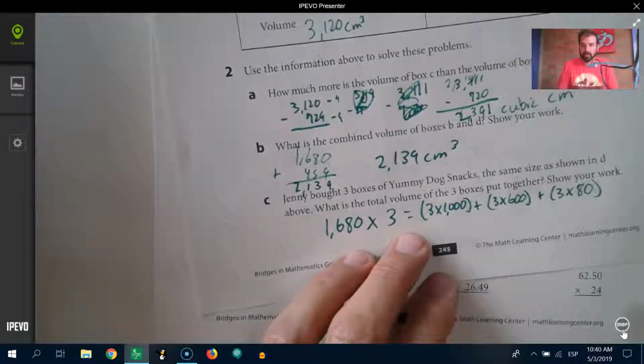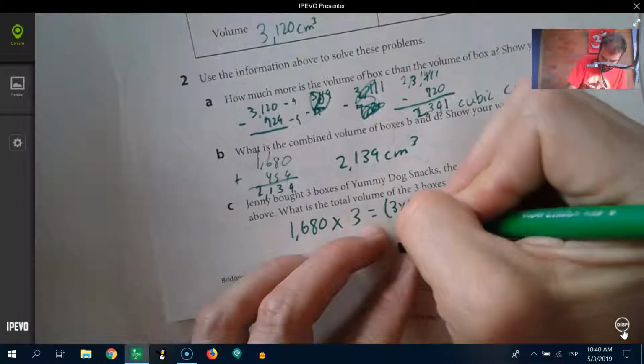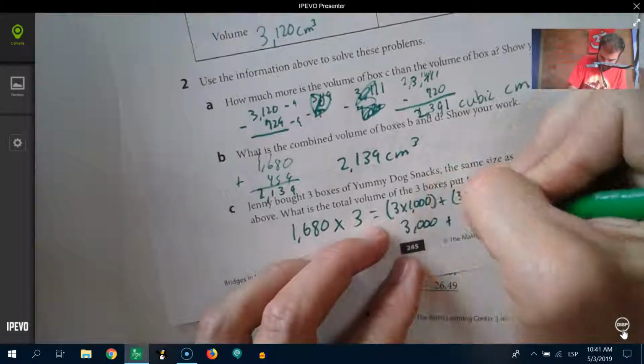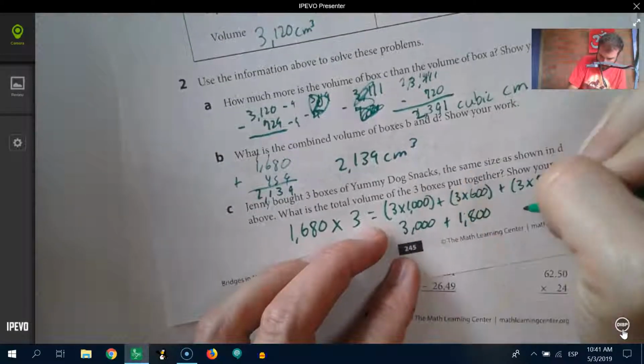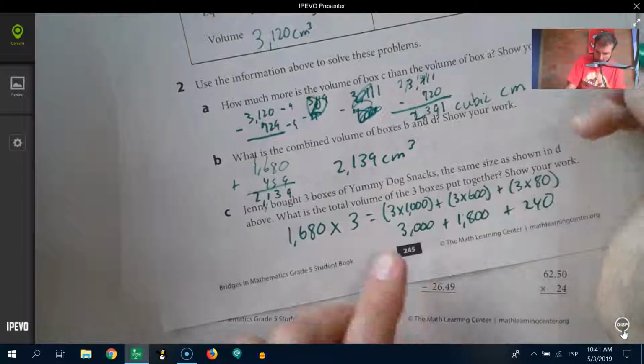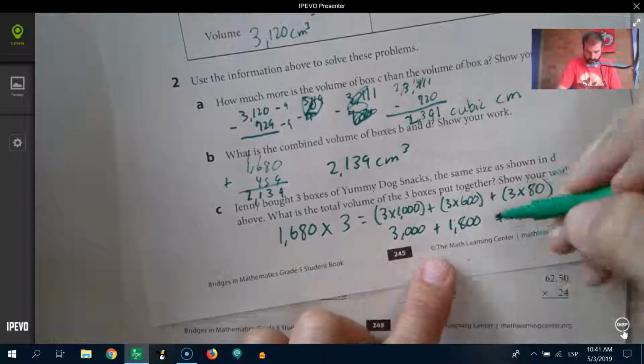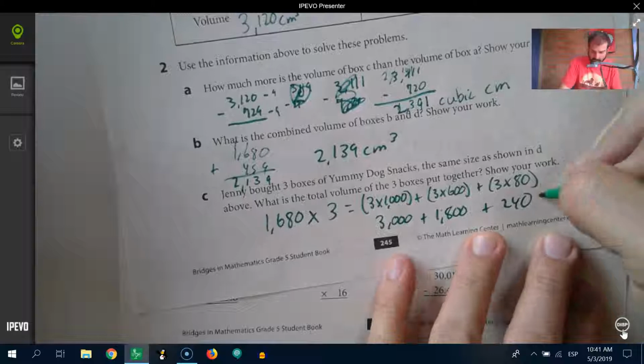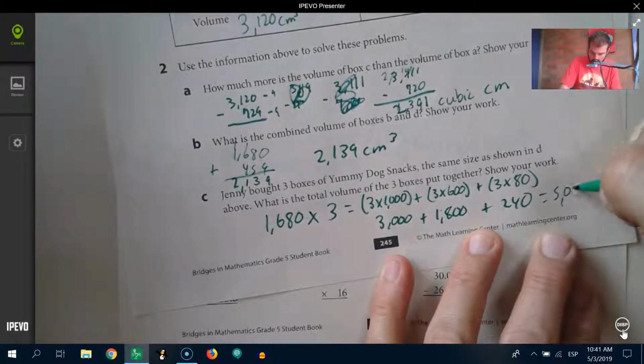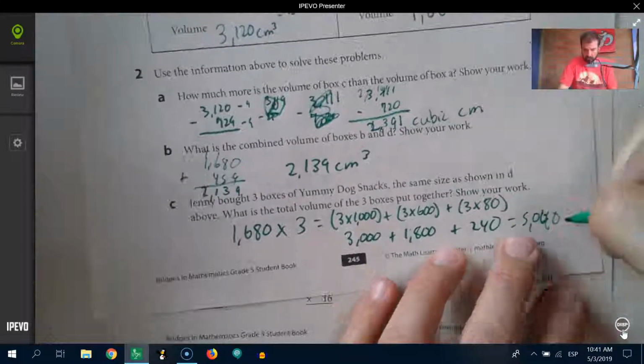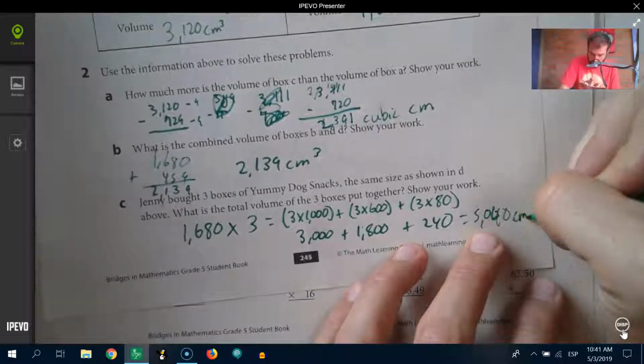That looks much easier to solve, doesn't it? 3,000 plus 1,800 plus 240. So that's going to give me 5,040 cubic centimeters.